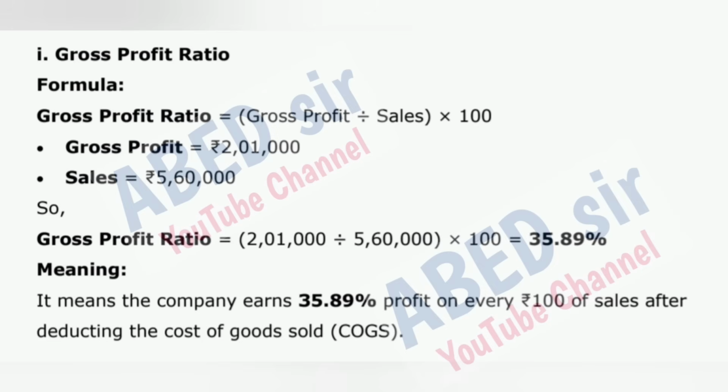So, gross profit ratio is equal to 2,01,000 divided by 5,60,000 times 100, equal to 35.89%. It means the company earns 35.89% profit on every 100 rupees of sales after deducting the cost of goods sold, COGS.